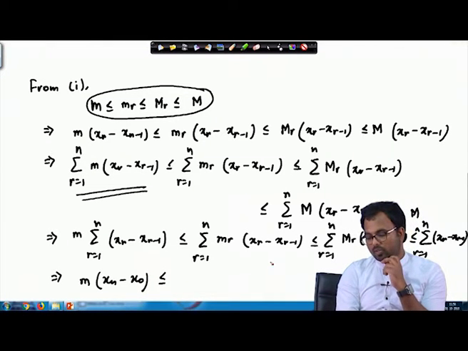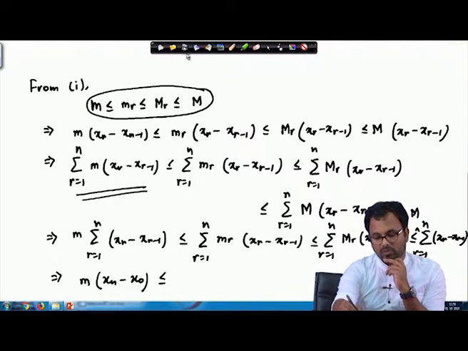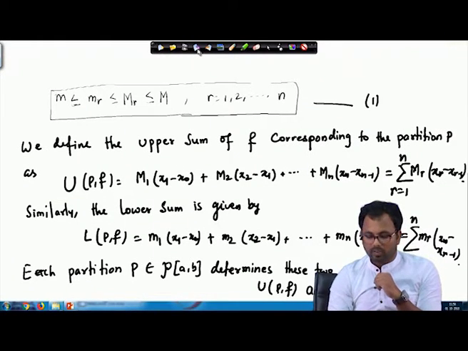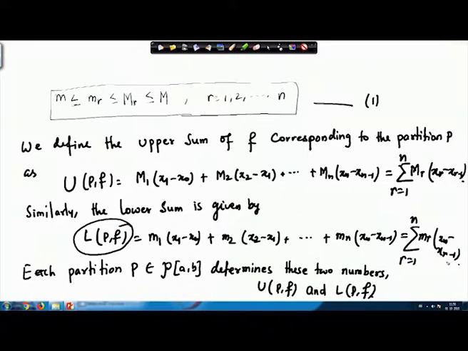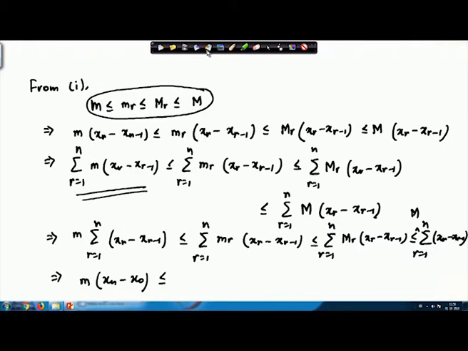Similarly, here this term is defined as the lower sum LPF if we look into the previous slide. So, LPF is defined by this sum here, and this sum is defined as UPF, and here it is basically capital M times again xn minus x0.